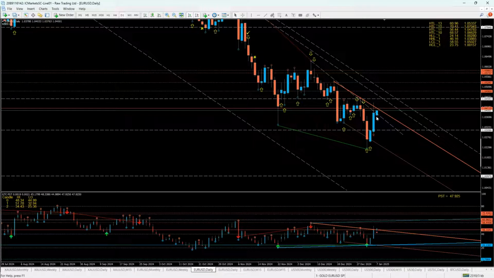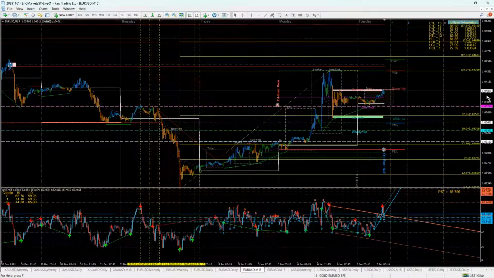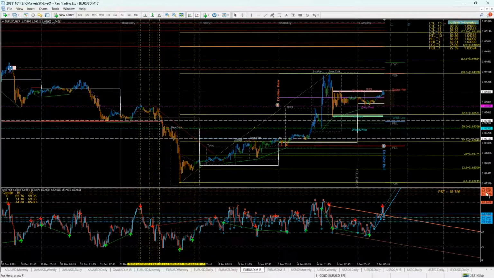And because this is a swing day today, Tuesday as well, we need to get to a target, and that's a 56 possibility, 1.0478. So let's mark it in, 1.0478.